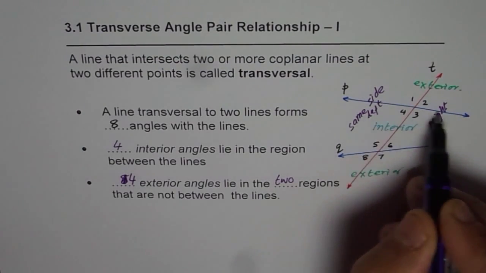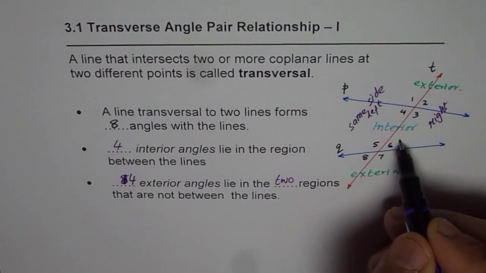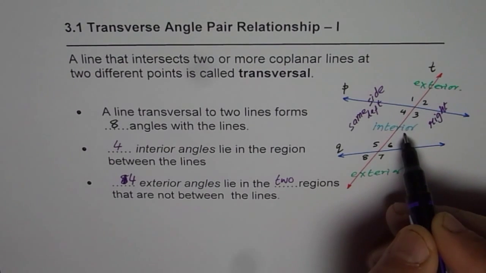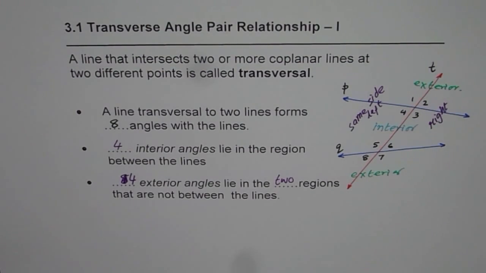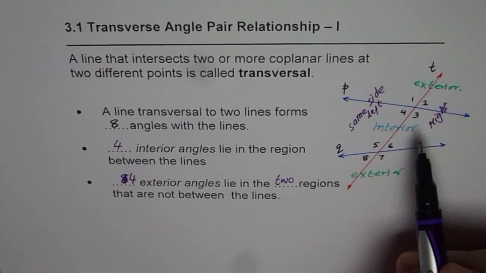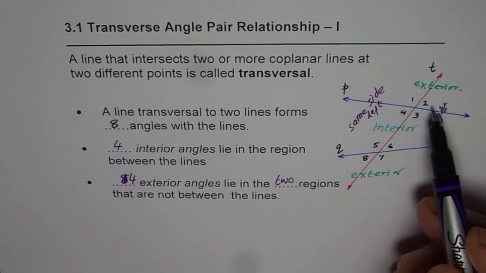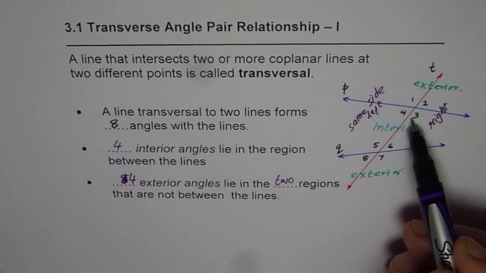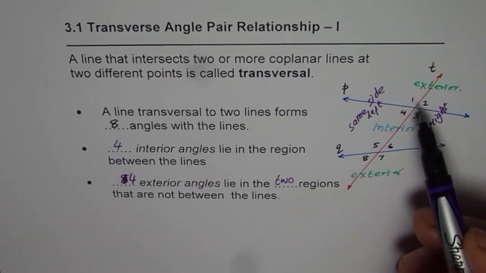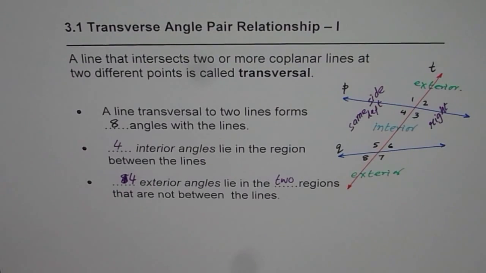So in between the lines we have one region which is called the interior region, and the other 2 are called exterior regions. So these are basic terms which we need to understand. Whenever there are 2 lines cut by a transverse line, we get 8 angles. Out of this, 4 are interior angles and 4 are exterior angles. Thank you.